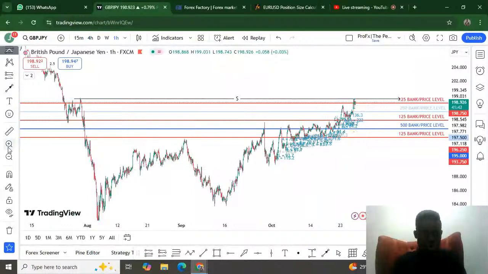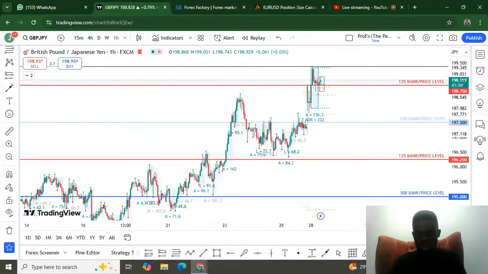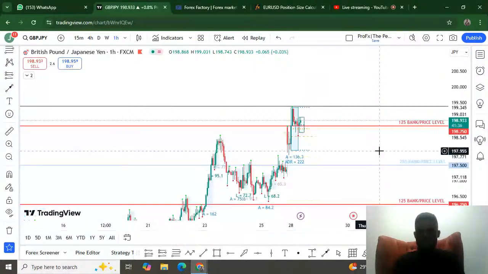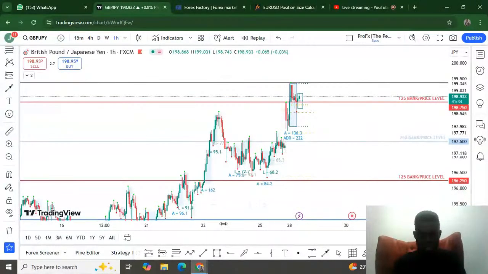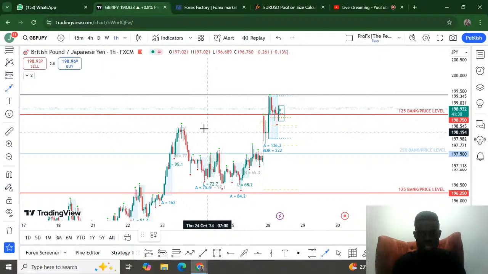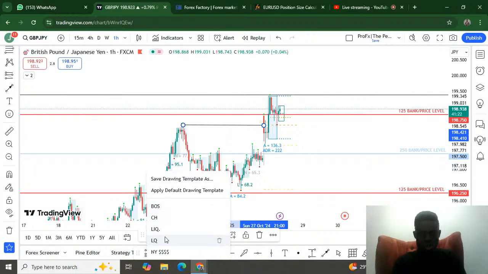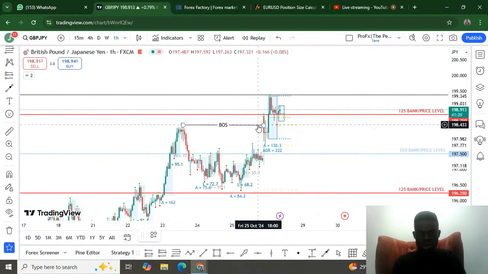So it's so obvious that we are at the premium. This is obvious to the blind that we are at premium. We call it overbought. Right?